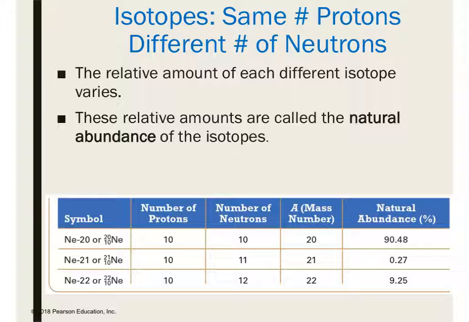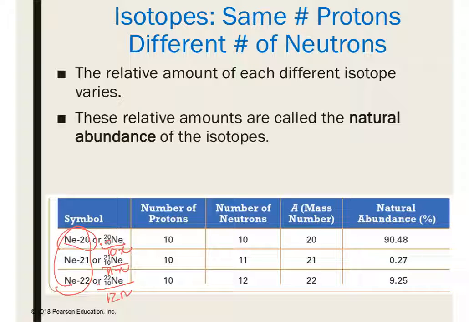So, for example, looking at the 3 isotopes of neon, neon 20, so how many neutrons does neon 20 have? You just do the math. 20 minus 10 means it has 10 neutrons. Neon 21 has 11 neutrons. And neon 22 has 12 neutrons, okay?